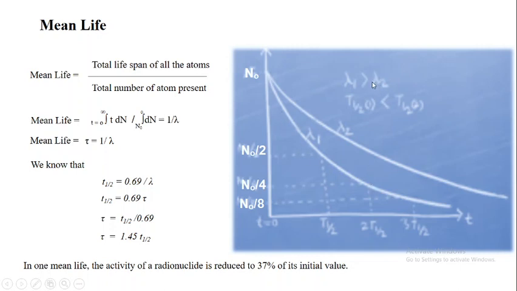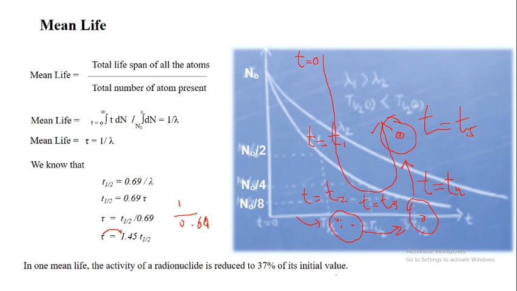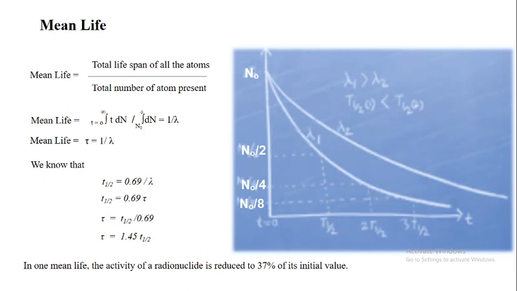But the one with the smaller decay constant does not undergo decay as rapidly. If we see the first half-life and approach the y-axis here, this is the reduction of the total number of radionuclides to this point.